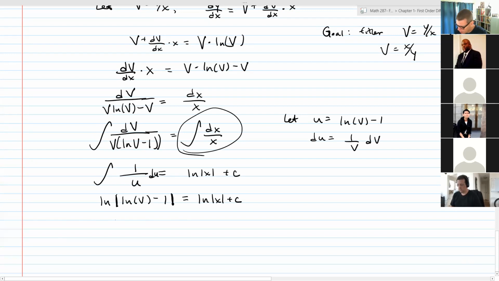So we'll take e to the natural log of v minus 1, which probably should be an absolute value as well, equals e to the natural log of x plus c. So cx is going to equal v minus 1.